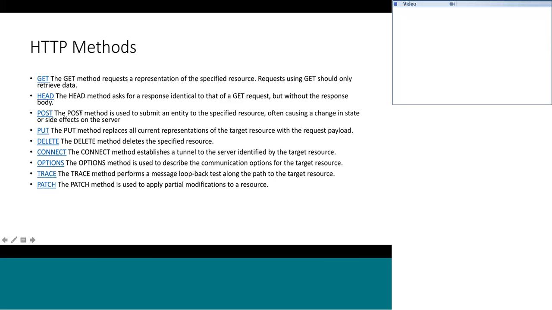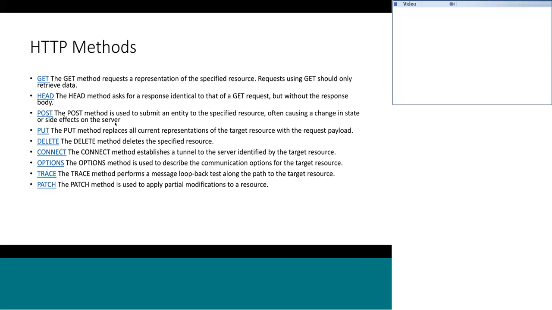The POST method is used to submit an entity to a specified resource, often causing a change in state or side effects on the server. POST is something you use if you want to publish something. If you have live content on a website that you want to post, you'll probably use a POST.